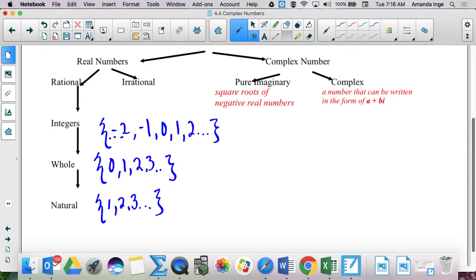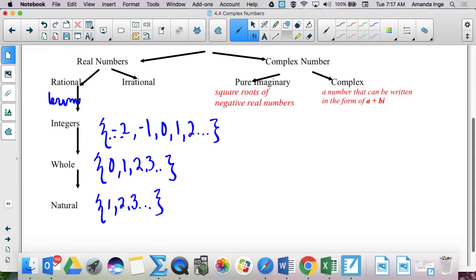Then at some point they needed something to represent fractions, so along came rational numbers. A rational number is a number that can be expressed as the quotient of two integers. It is a fraction that terminates or repeats.